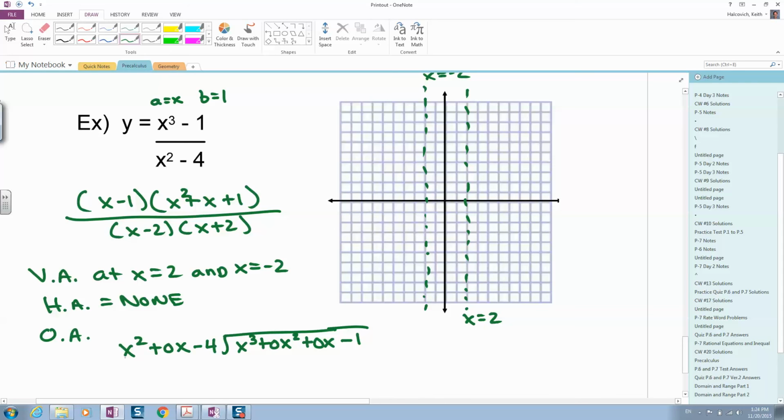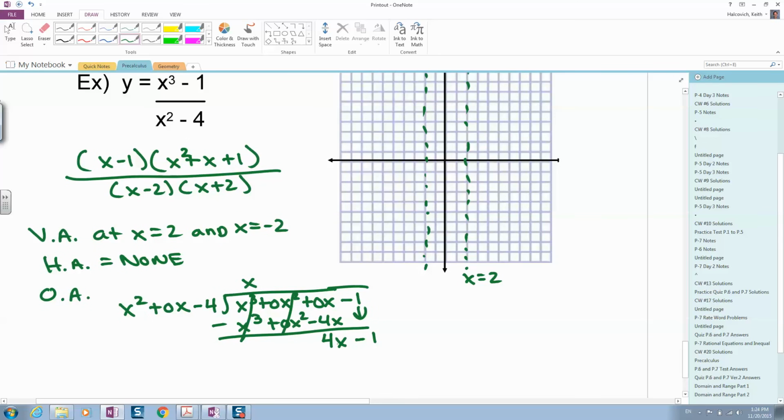So x to the third divided by x squared gives you x. When you multiply, you get x to the third plus 0x squared minus 4x. Subtract. These cancel out. 0 minus a negative 4 is a positive 4. Bring down the 1. Now notice you can't divide these because x squared has a larger degree than x, so therefore our oblique asymptote is just y equals x, the line.